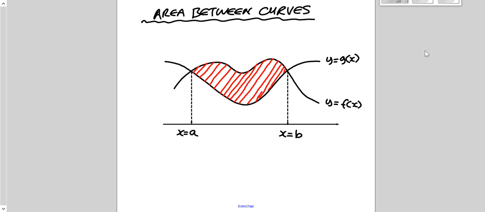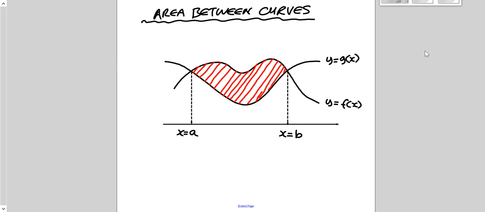So how do we use integration without going back to first principles, i.e. the person who sorted it out in the first place? The things that we're interested in are the extreme left value of x, which is a, and x equals b, the extreme right, and the uppermost curve, which happens to be f in this case, and the lowermost curve, which happens to be g.